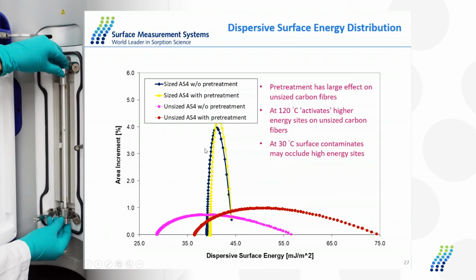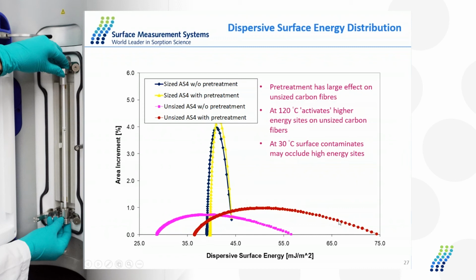When we look at the unsized carbon fiber, so the raw carbon fiber, this is the data without pretreatment, and this red one is after treating to 120 degrees C. And we can see the temperature effects have a much larger effect on the untreated sample, most likely because at room temperature, some of these high energy sites might still be absorbed with water or other surface contaminants.